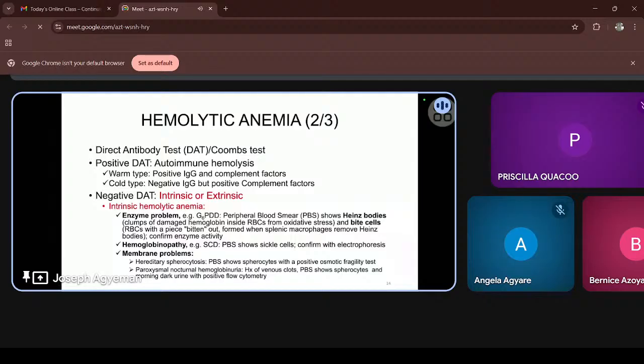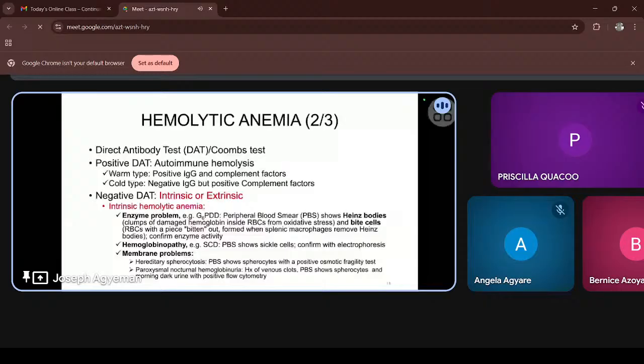Now, in a situation where both are present, when both immunoglobulin G and complement factors are positive, that one is termed the warm type autoimmune hemolytic anemia.